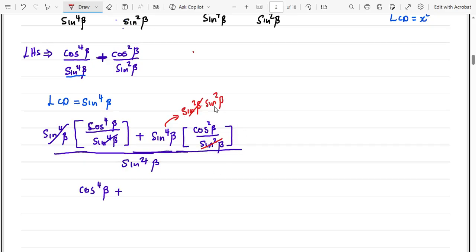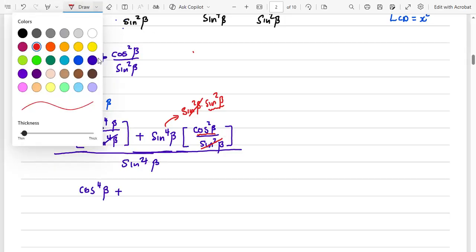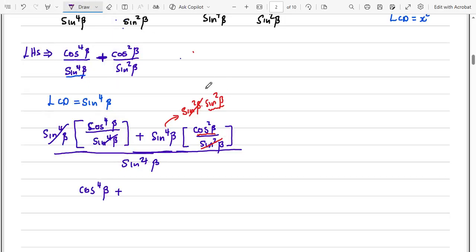Then the one that is remaining, you multiply it with that cos squared beta. When you multiply the two, it will give you sine squared beta times cos squared beta, and everything is divided by sine to the power 4 beta.